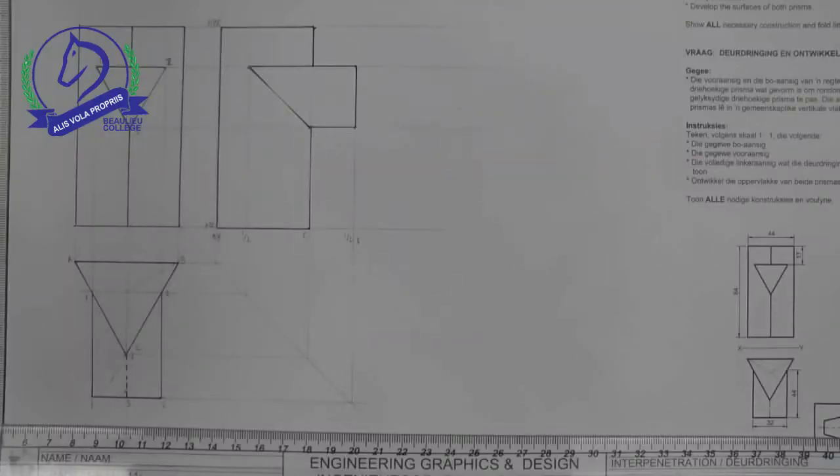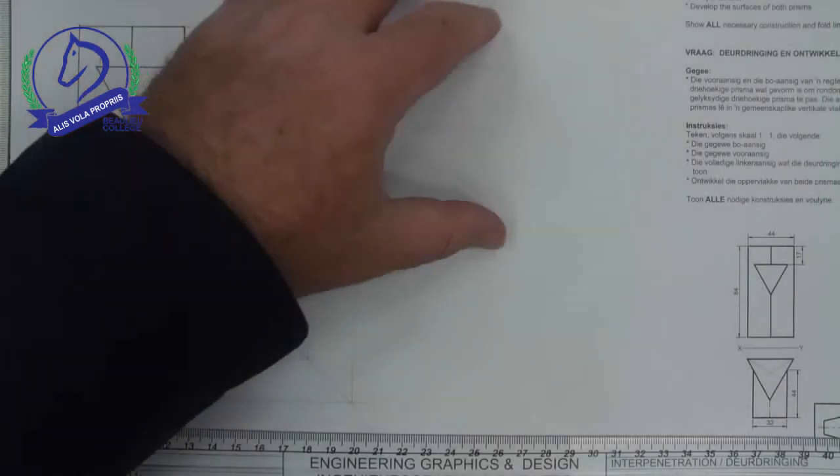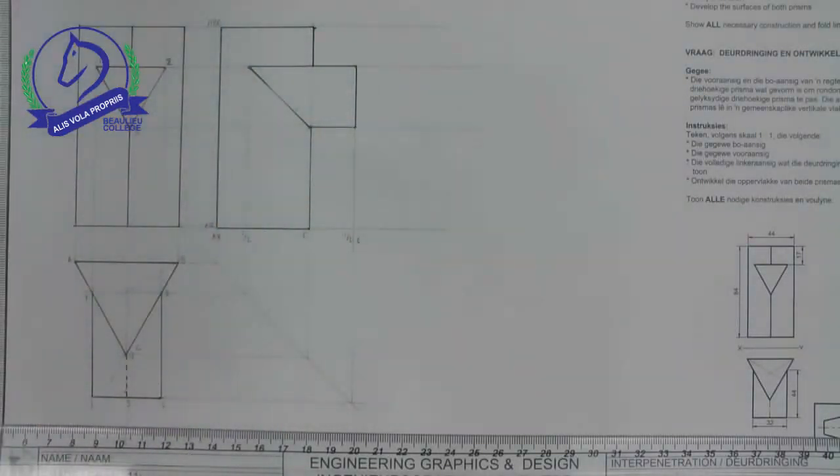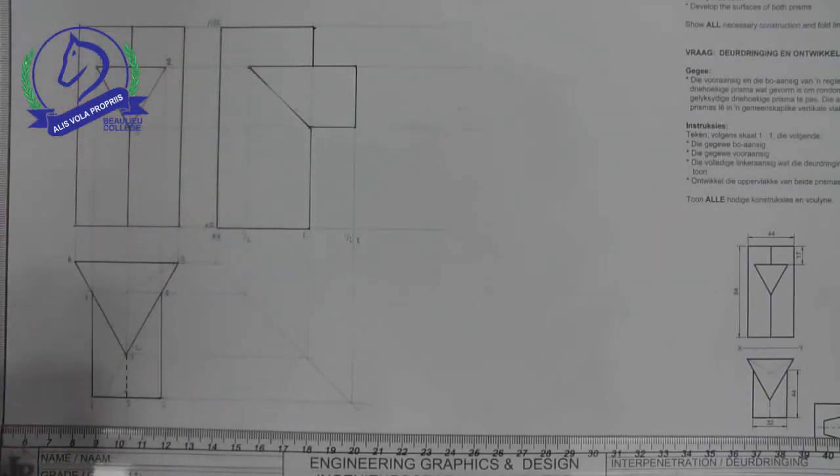Now, drawing the development means we want to fold open the shape. The best place to do that is where you could use measurements off one of the given views. So for this case, our best place to draw the main triangular prism would be to project it off here, because we can take the height measurements off that shape, and the points we're going to have to get off a different shape.